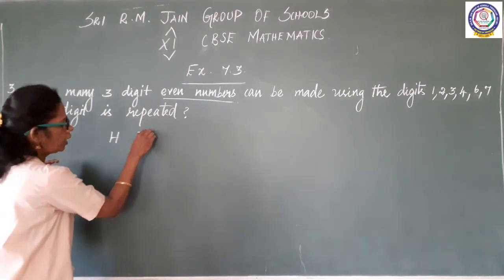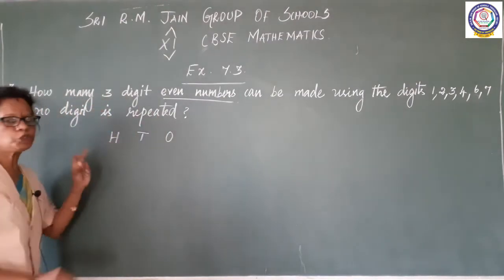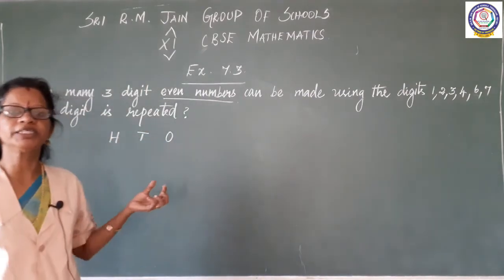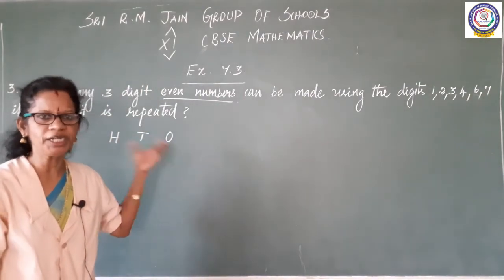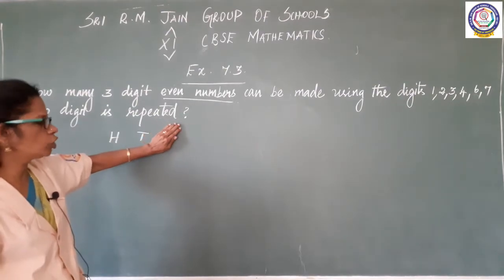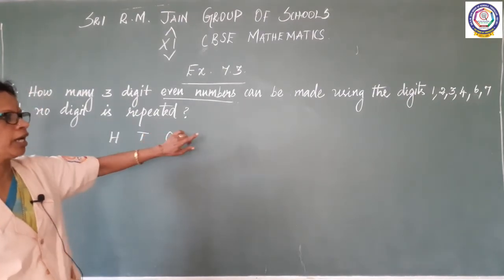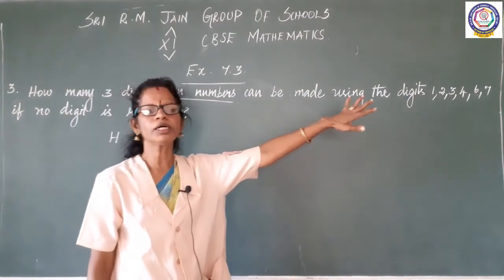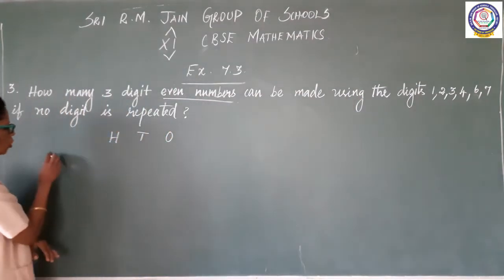Hundreds, tens, ones. Which place will decide the even number? The ones place only decides the 3-digit even number. That means the unit place can be filled in. Which are the even numbers here? 2, 4, 6, right?